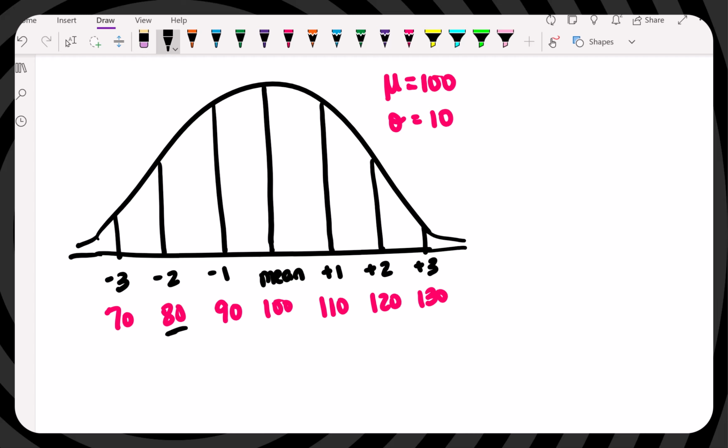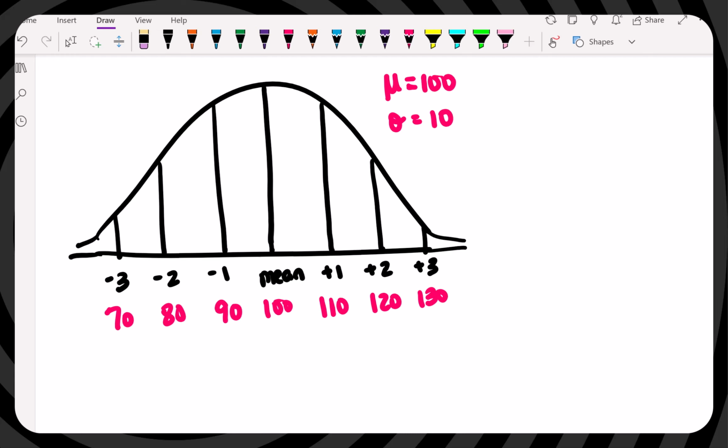That is 80. What number is 3 standard deviations above the mean? 130. What numbers are within 3 standard deviations of the mean? 70 and 130.